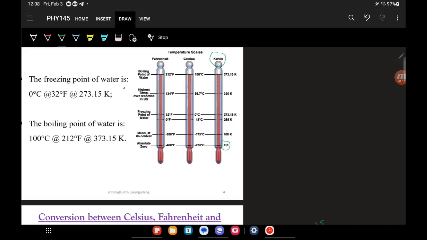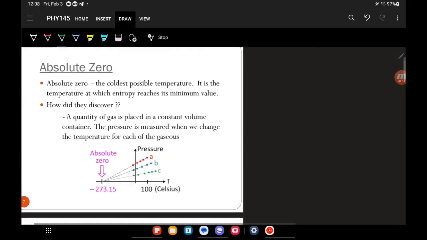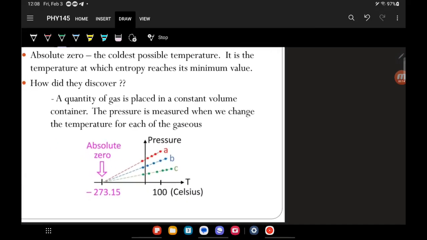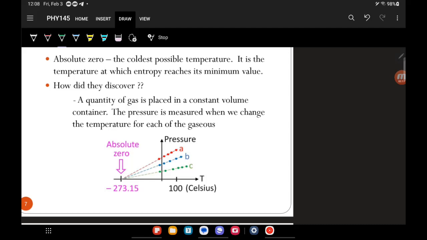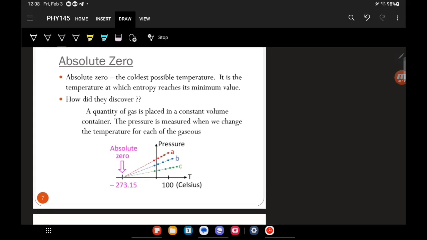So this is what we call absolute zero. Okay, absolute zero. This is where the temperature is the coldest possible. It cannot be colder than this, because at this point there is absolutely no energy at all for any part of the system. So if I were to say that a block of copper reached absolute zero temperature, it means that the electron or the atom is not vibrating at all.